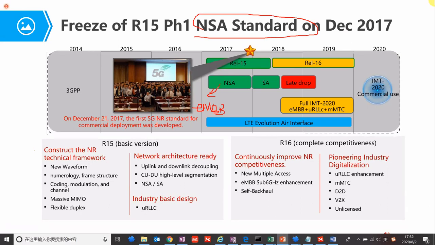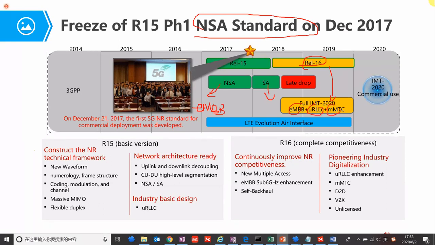But now the operators have started to deploy SA, and SA can support eMBB, URLLC, and some mMTC. Release 16 can support these three typical scenarios.